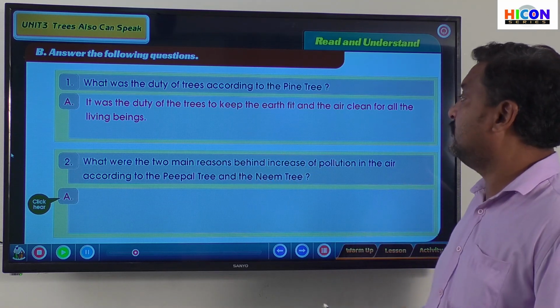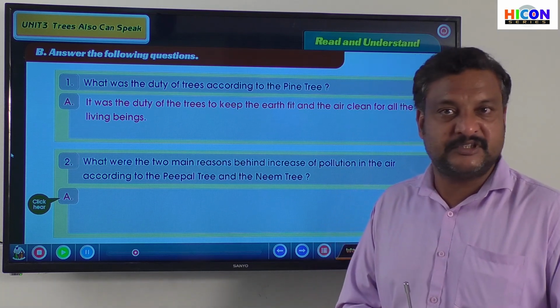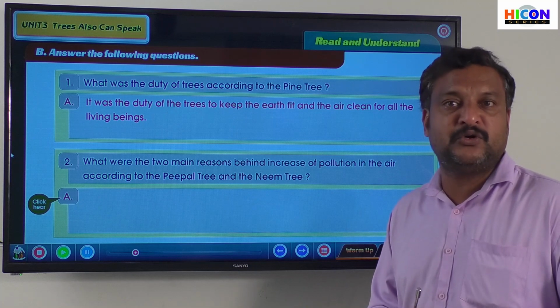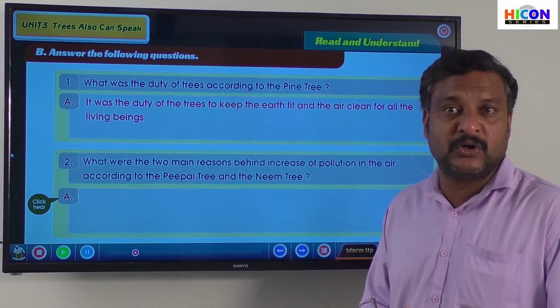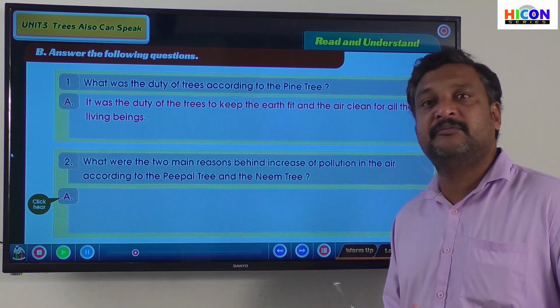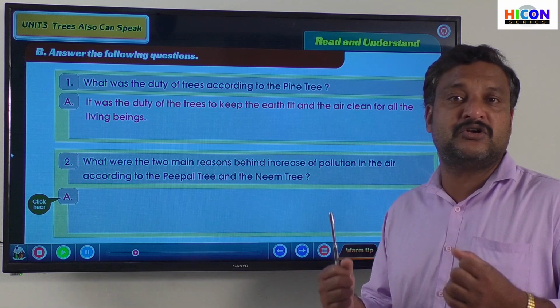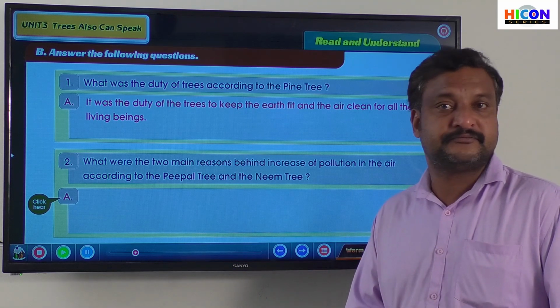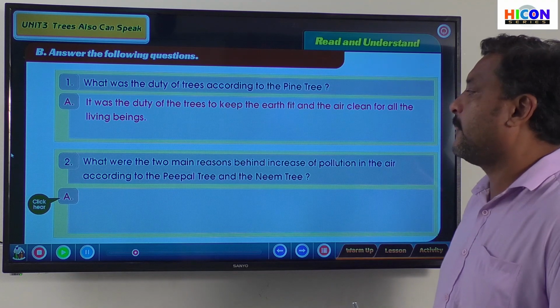Okay, and the earth has to be fit, energetic, right? So if there are more trees, we know there will be more climatic control, plenty of plants will grow, more oxygen will be there, the animals and other living things also will be happy, the earth also will be energetic, fit, right? Okay. Now the second question.